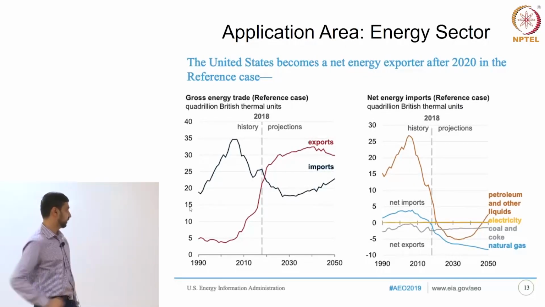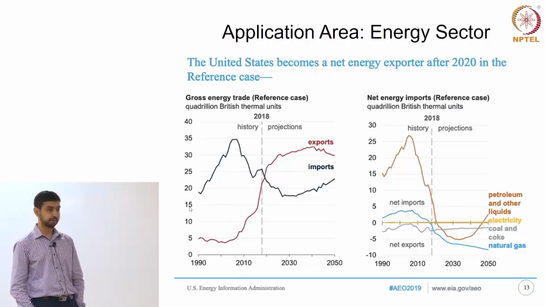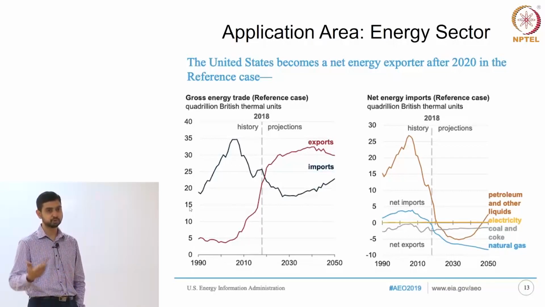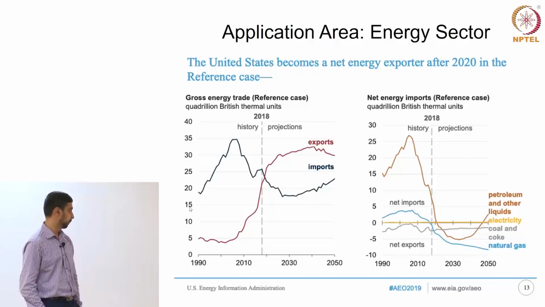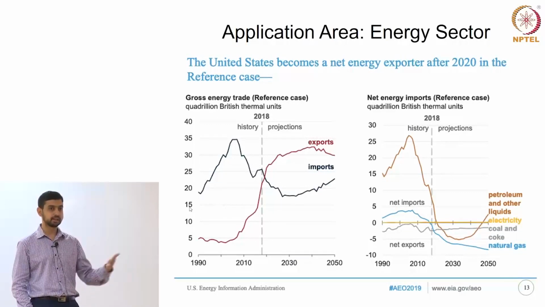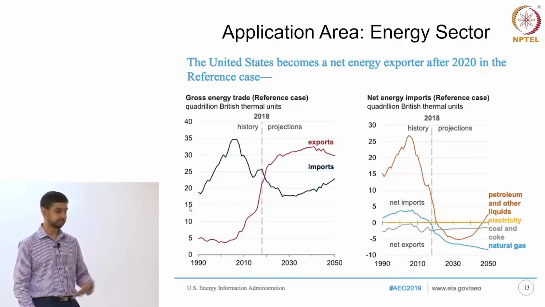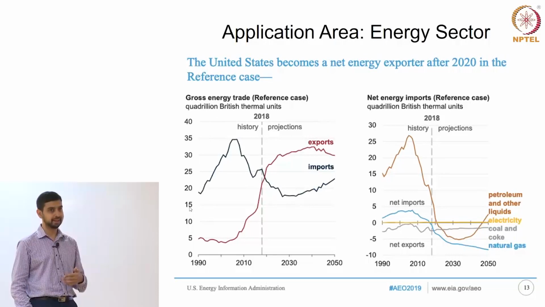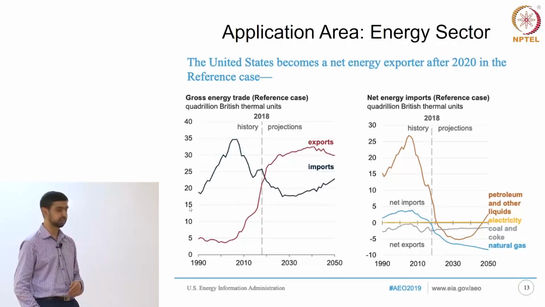I mean, United States used to be a net importer of energy. Very much like our own country, which imports oil and natural gas to meet most of its energy demands. But since they have uncovered a lot of these shale deposits, they are now becoming a net exporter of energy. And this has huge implications for a country's economy.